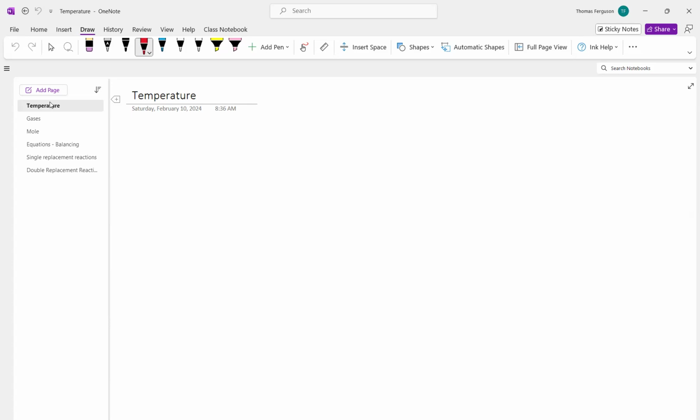So Fahrenheit is not an SI unit. It's not a standard metric unit at all. Celsius is. So normally in science classes, like 99% of the time, we're going to be using C in here.